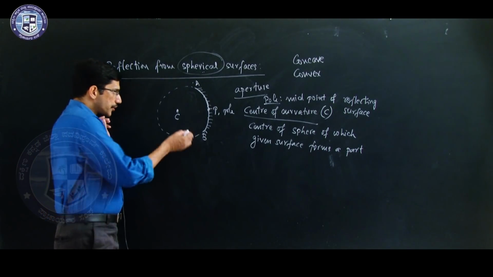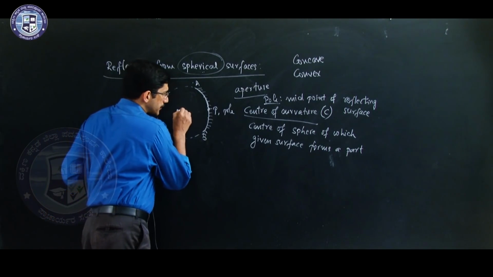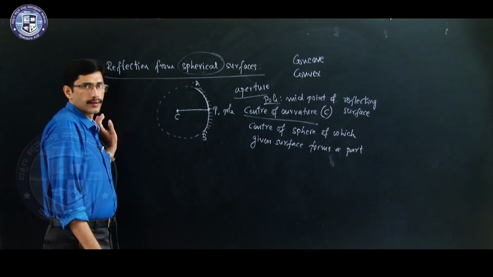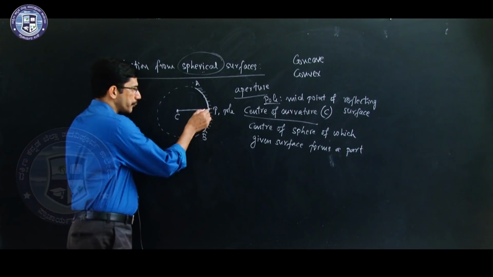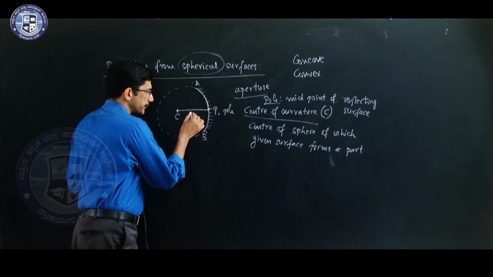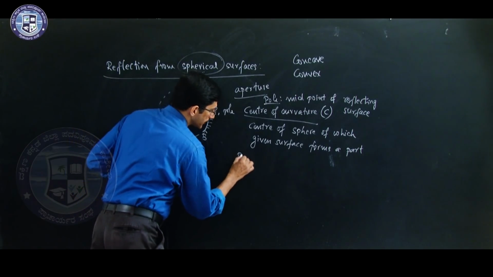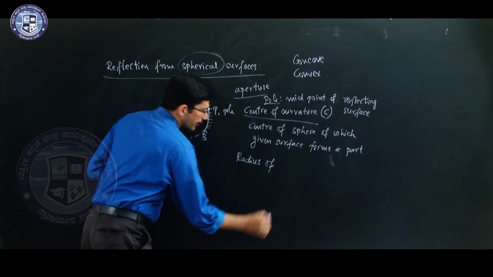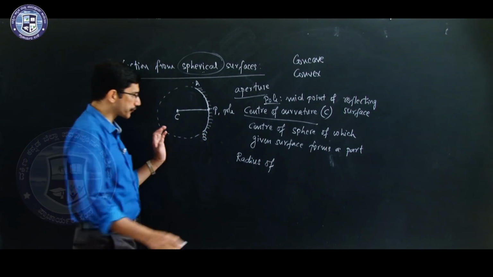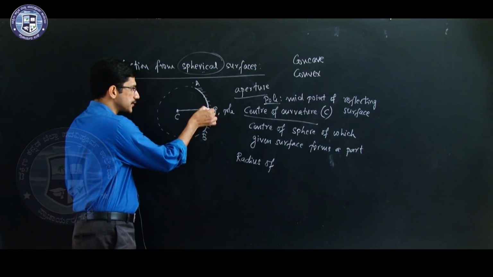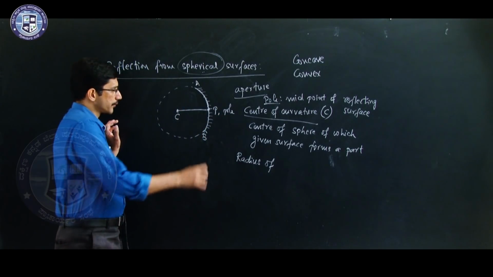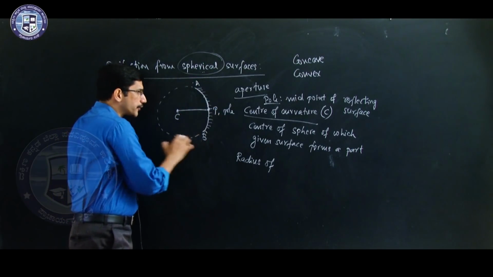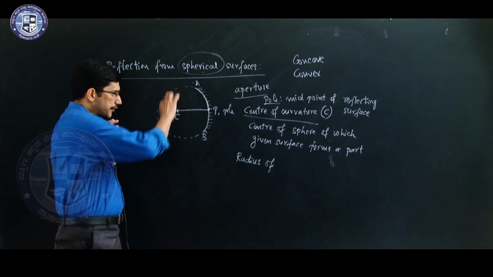Now, you can join a line from the center of curvature to the pole, and the line joining the pole to the center of curvature is called the radius of curvature. Suppose you have to measure the radius of curvature, it is the distance from the pole to the center, which is almost equal to the radius of the sphere itself.